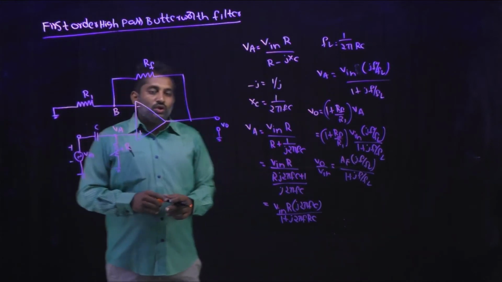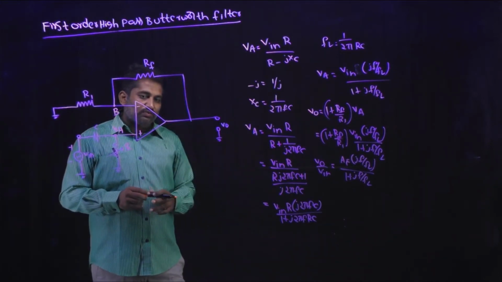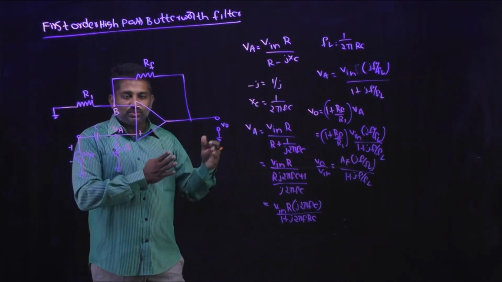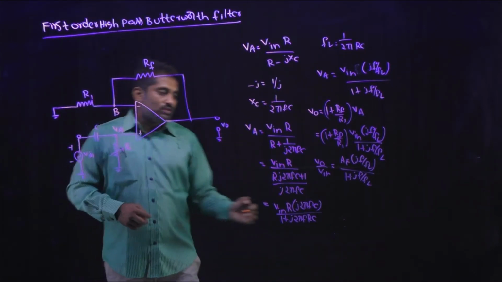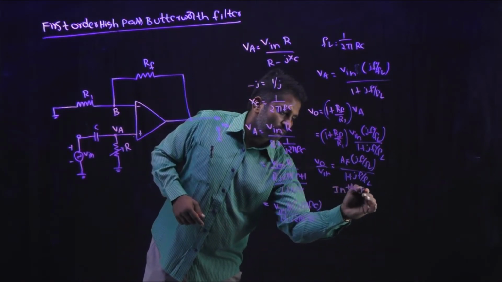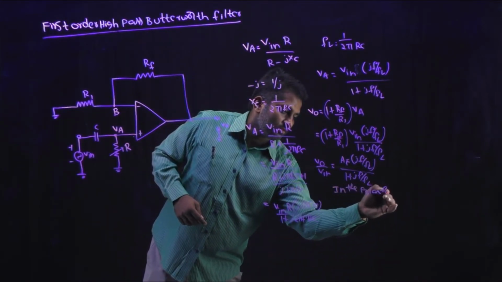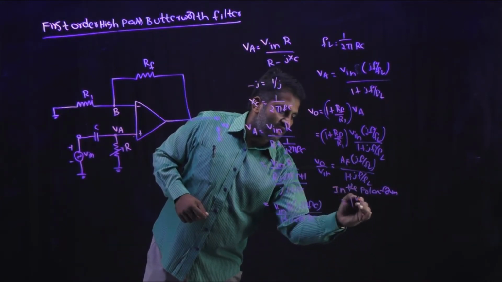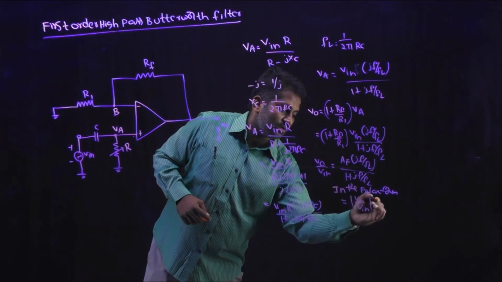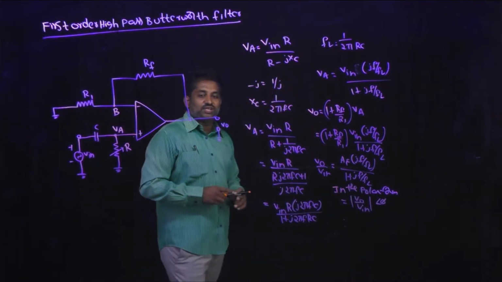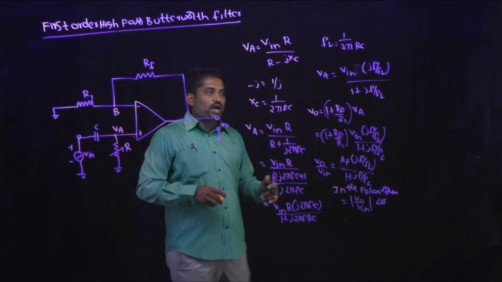If you want to express the transfer function in the polar form, then you have to represent it as magnitude into phase angle. So in the polar form, that is modulus of V0 by Vin and phase angle phi, which is nothing but the representation of the transfer function in the polar form.